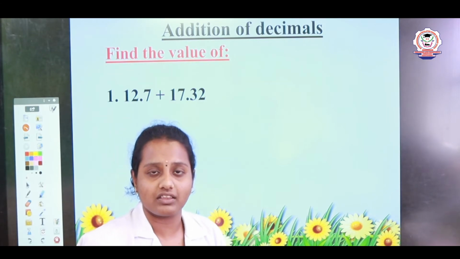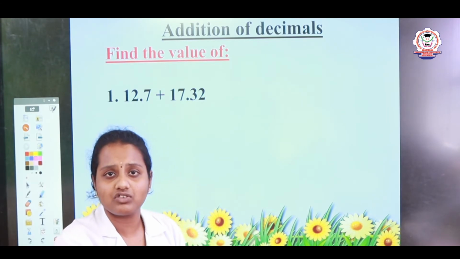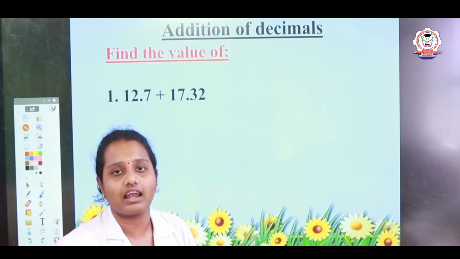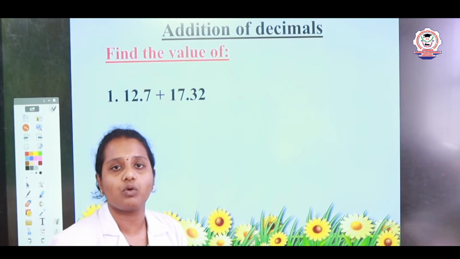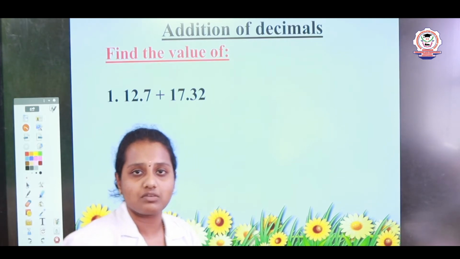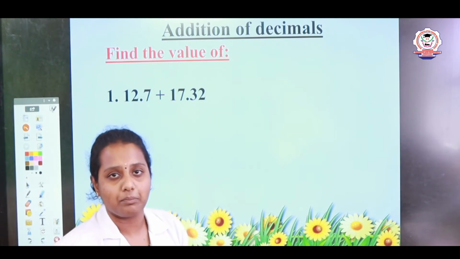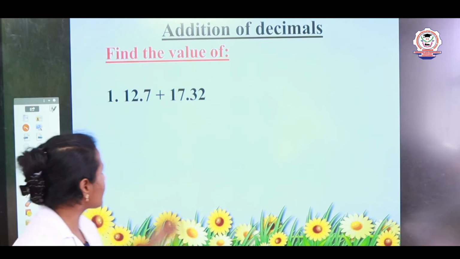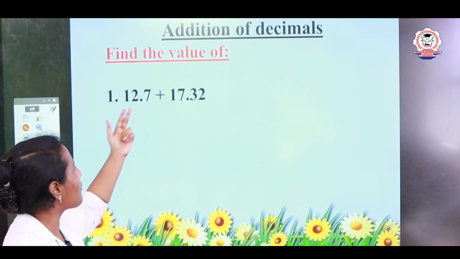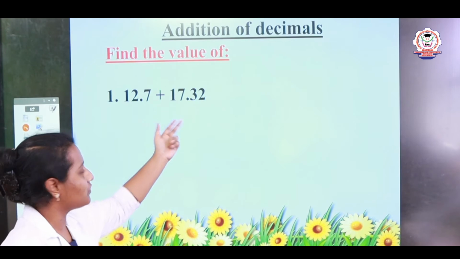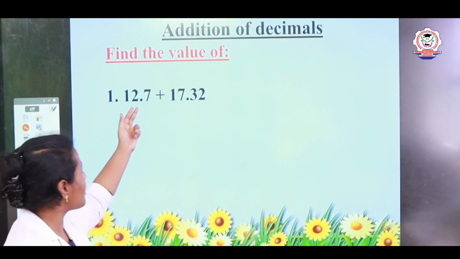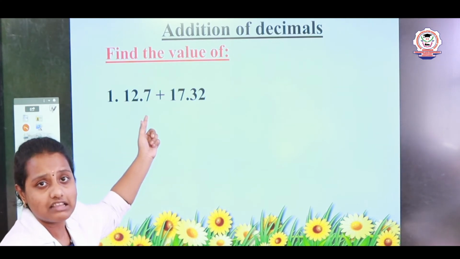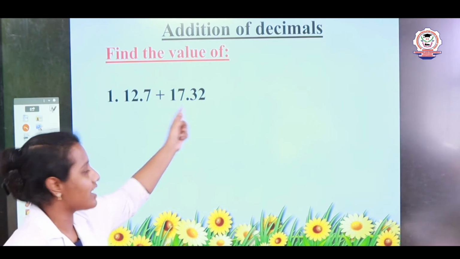First, we want to check whether the given numbers are like decimals or unlike decimals. If they are unlike decimals, we want to convert them into like decimals and then add or subtract. That is the easy way to do the addition of decimals. Check here, my dear children. They are given 12.7 plus 17.32. After the decimal point, we have only the tenths place here, and we have tenths and hundredths places here.